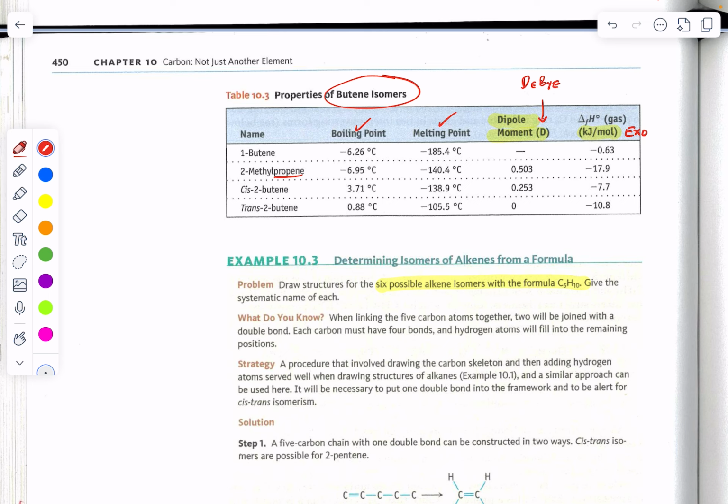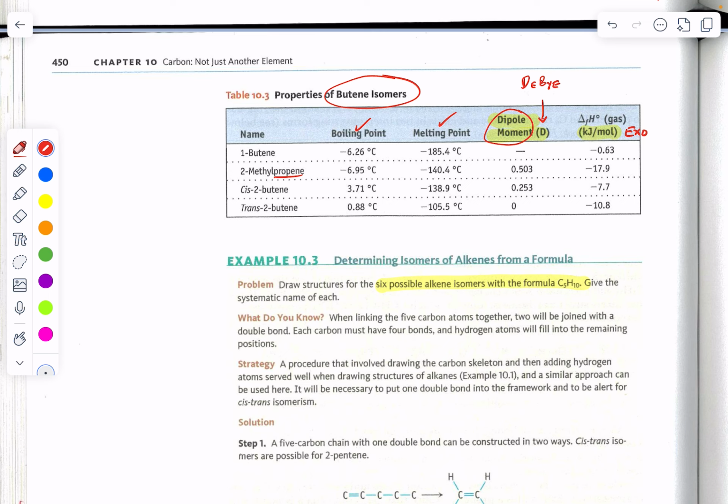And then the dipole moment. The dipole moment is a way of talking about the strength of the dipole, the difference between the positive and the negative side of the molecule. It can be very mild, it can be very pronounced. The more pronounced, or the greater the difference between the positive and the negative side, the greater is the dipole moment.